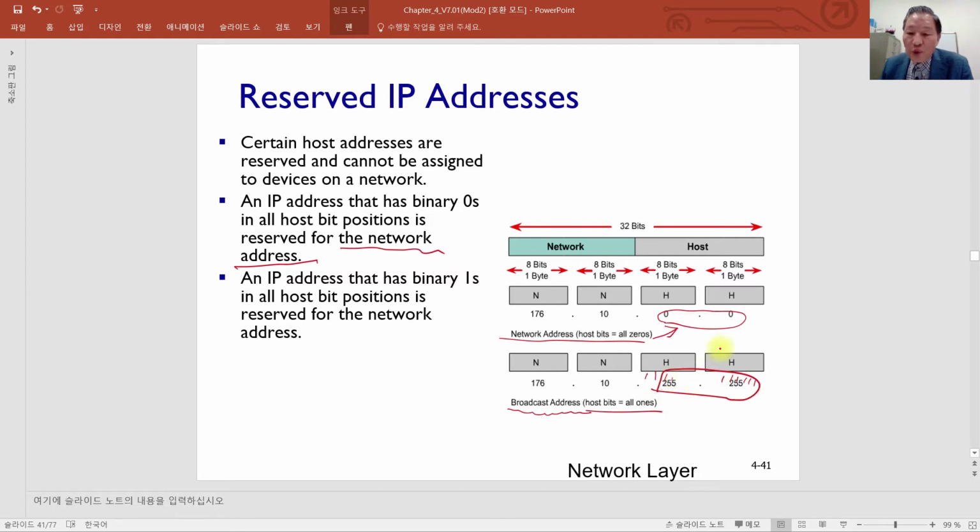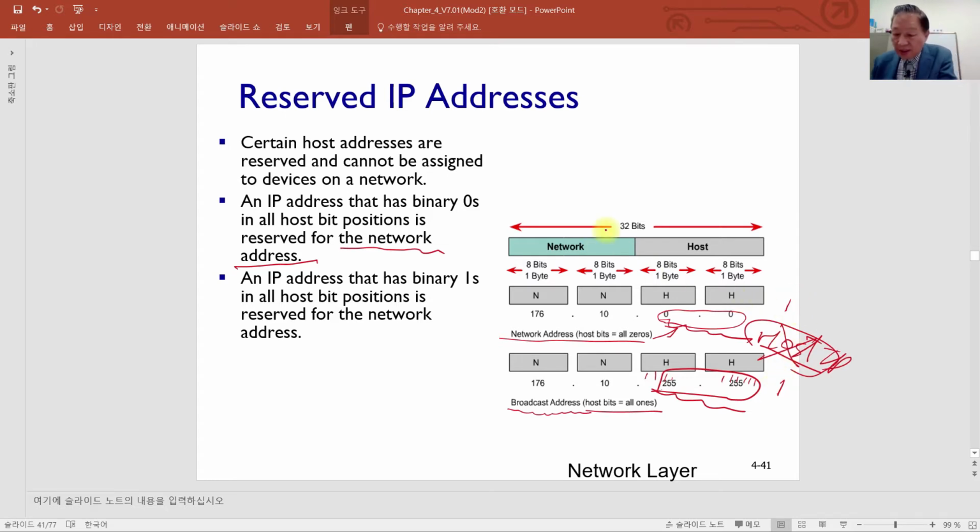Thus, that cannot be used to assign this ID number as a host ID to a computer. That is not possible. Thus we are subtracting 2, this one and another one.